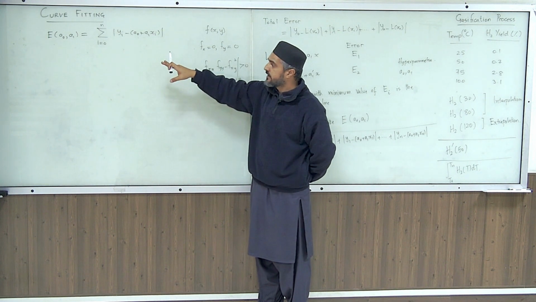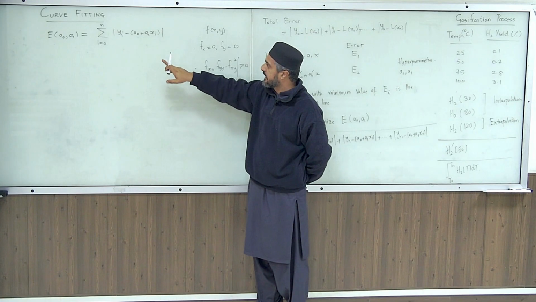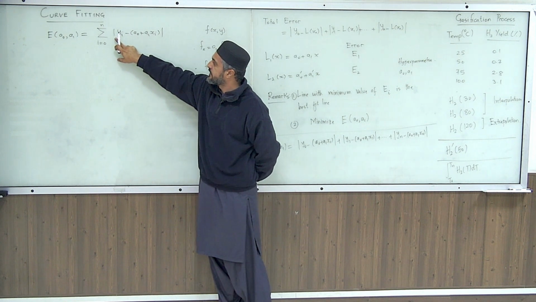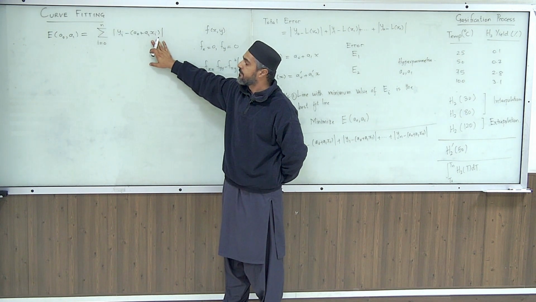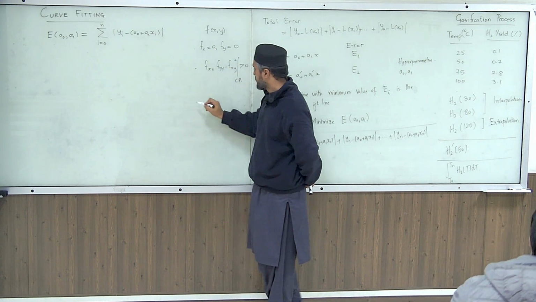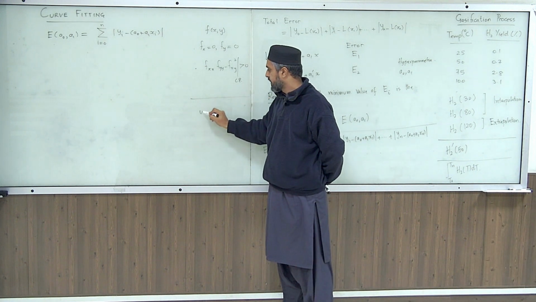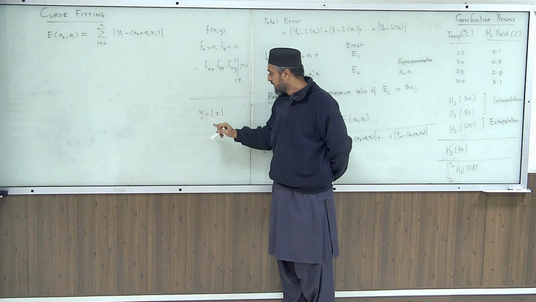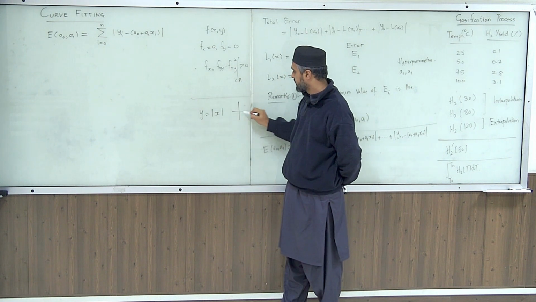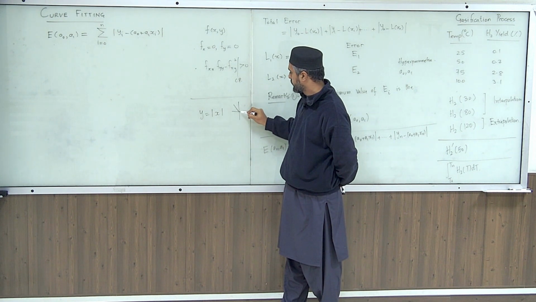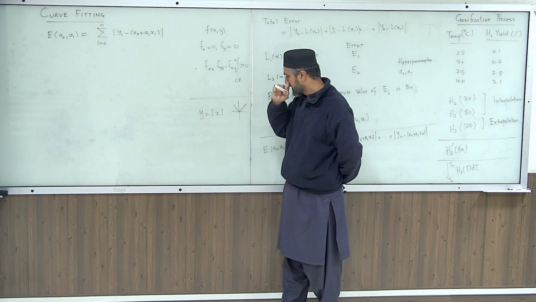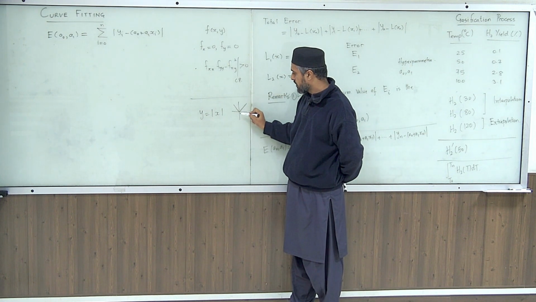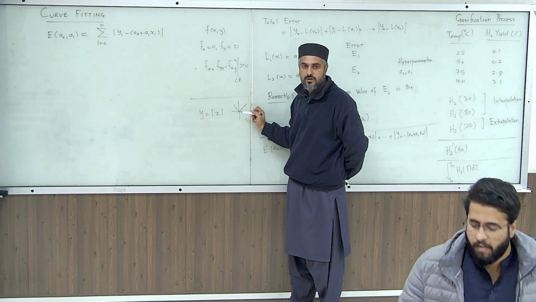Now to calculate the error, if you see a difficulty over there, we have an absolute value sign. Let me write here y equals mod of x. If I plot y equals mod of x, you will see there is a corner at this point. If there is a corner at this point, the function is not differentiable.